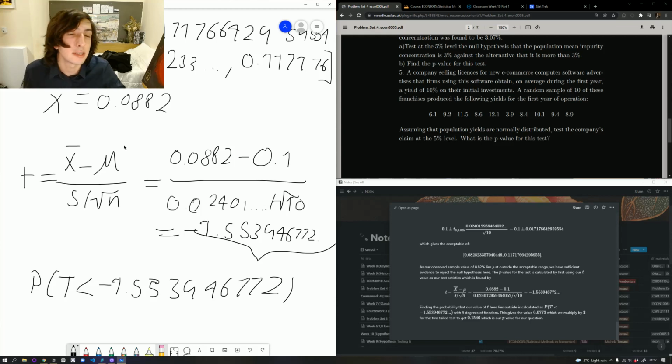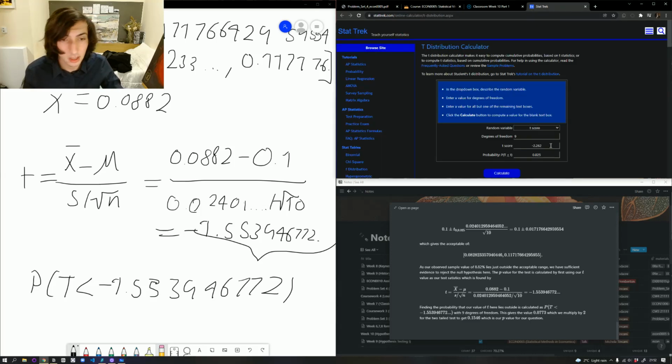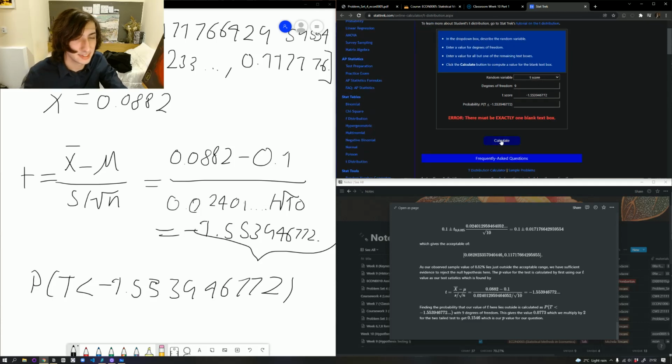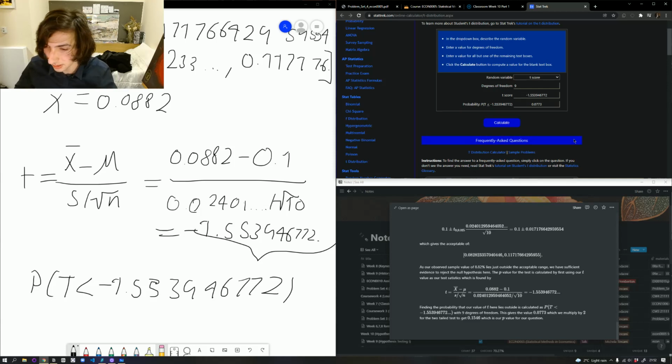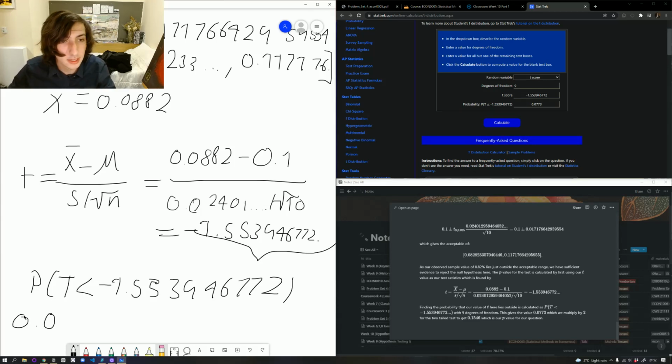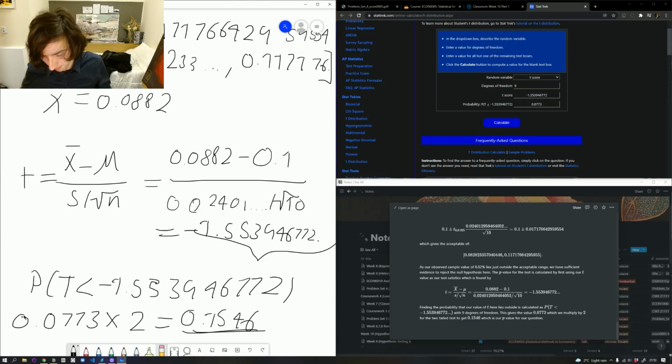If you put in the t-score we just got, negative 1.553946772, you get 0.0773, and given that it's two-tailed, we times it by 2, which gives us 0.1546. This here is our p-value.